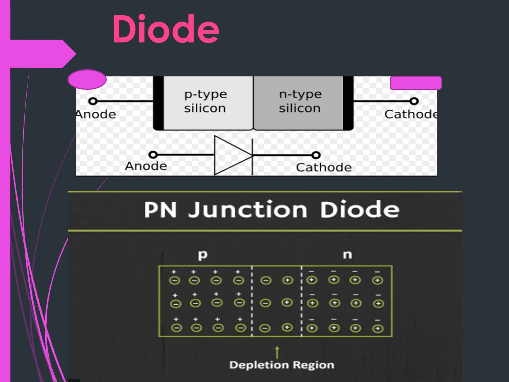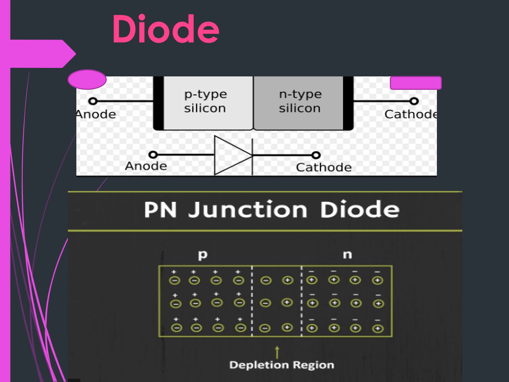Next, what is a diode? A diode is a two-terminal electronic component. It has two terminals, and it conducts current in one direction. So this is a device which allows the current to flow in only one direction.